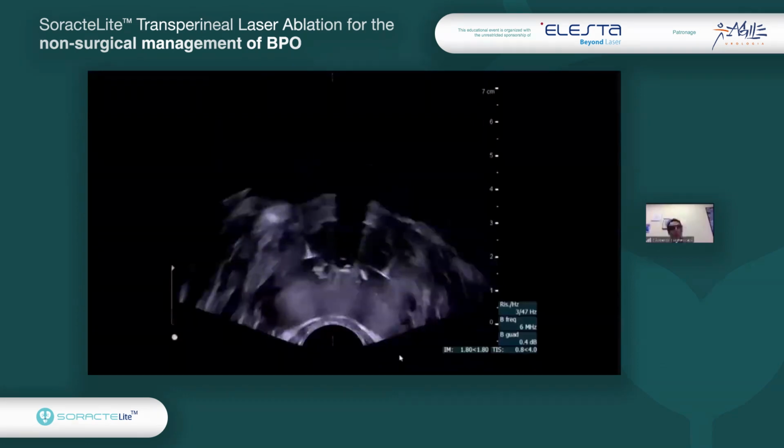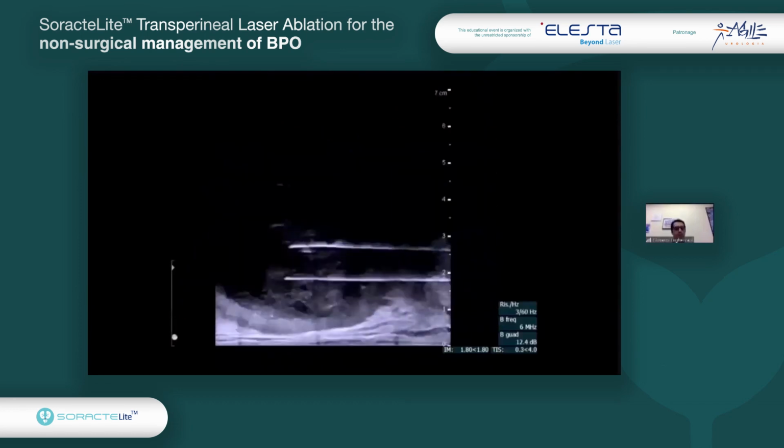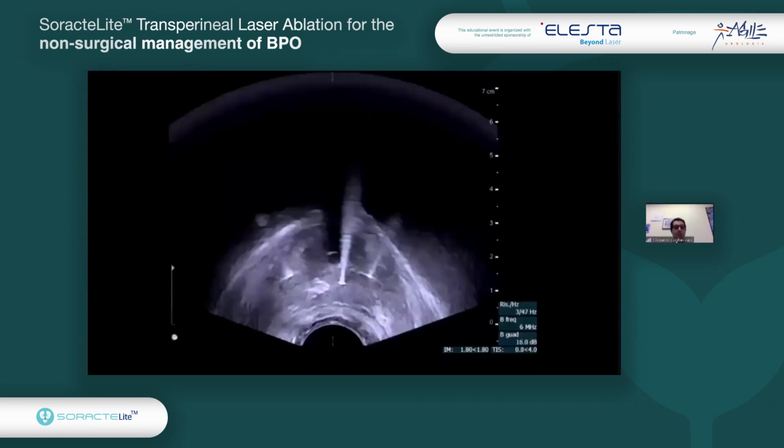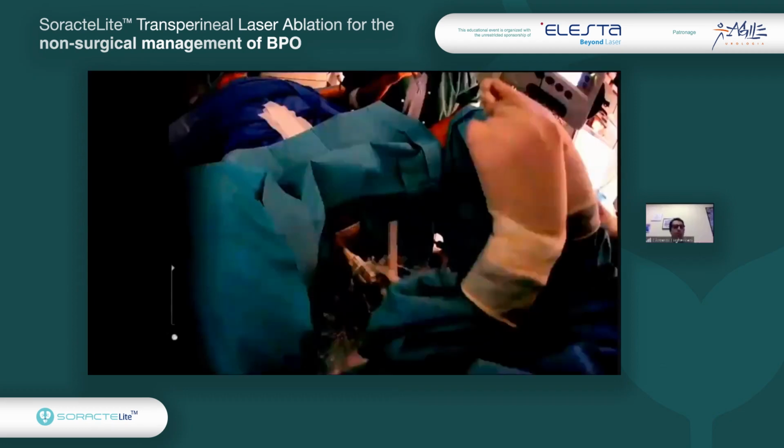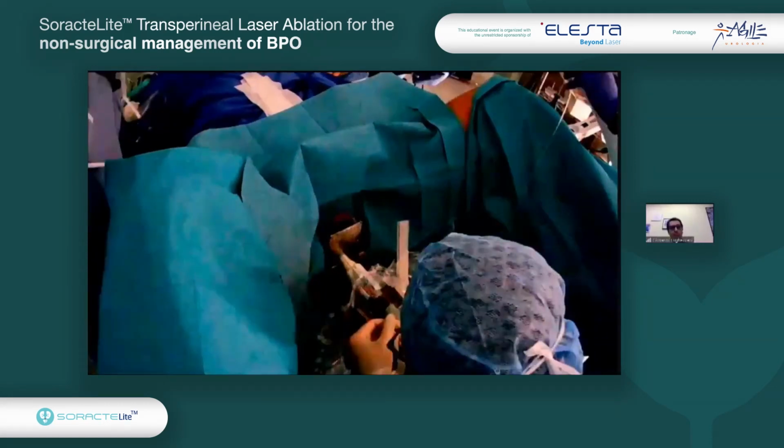We try to place at least 1 fiber for each lobe and up to 2 fibers for each lobe, depending on the prostate size, and check the correct position with both transversal and longitudinal views. If a third lobe is present, we selectively place a needle inside that lobe as well.